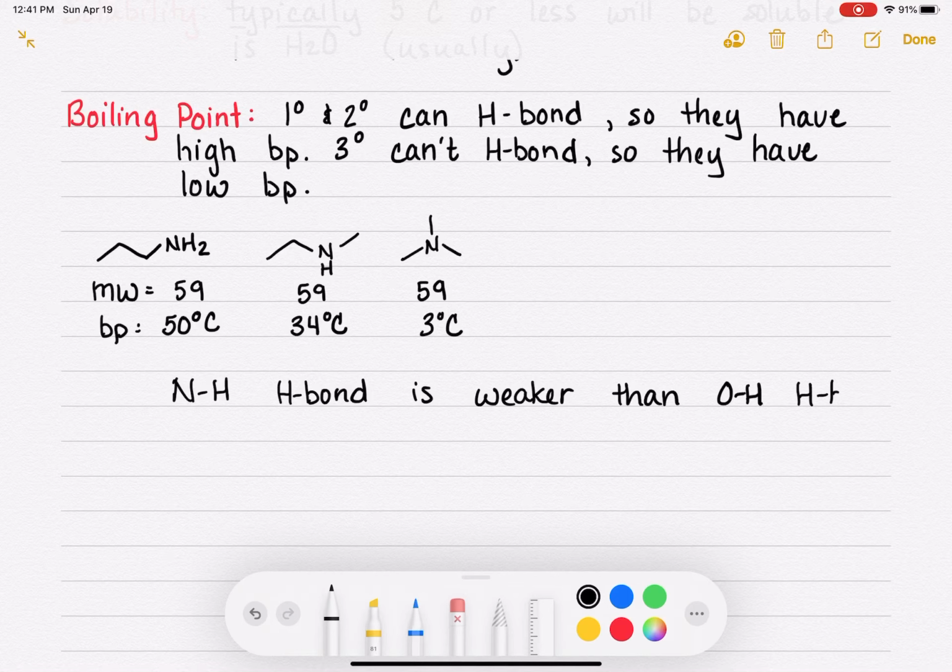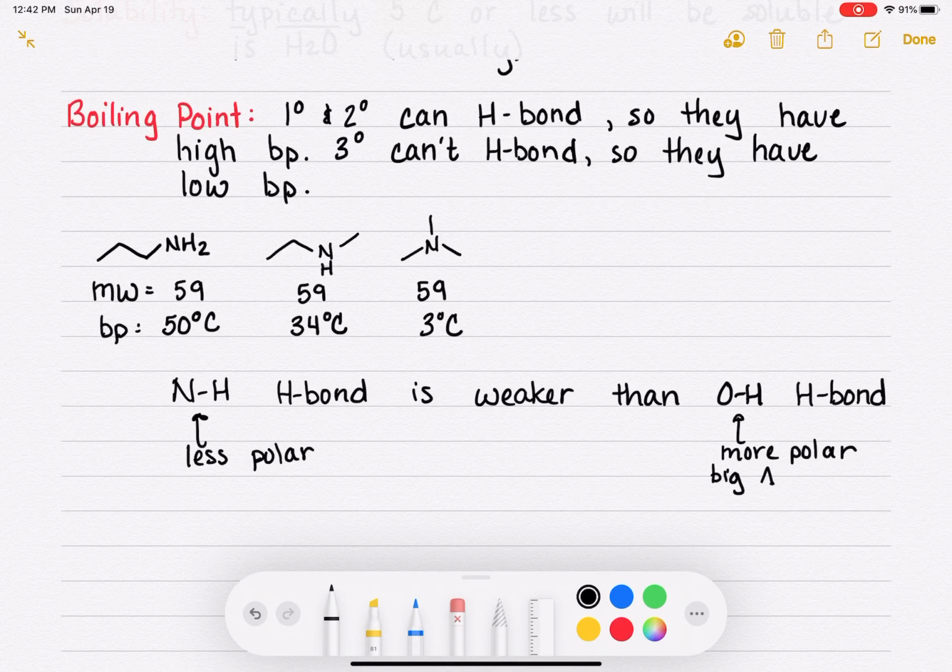This is because the OH bond is more polar. The NH bond is less polar. The OH bond has a greater difference in electronegativity, and the NH has a smaller difference in electronegativity.